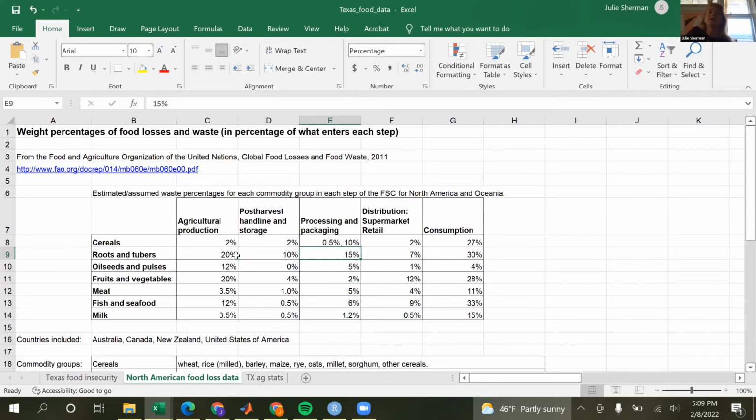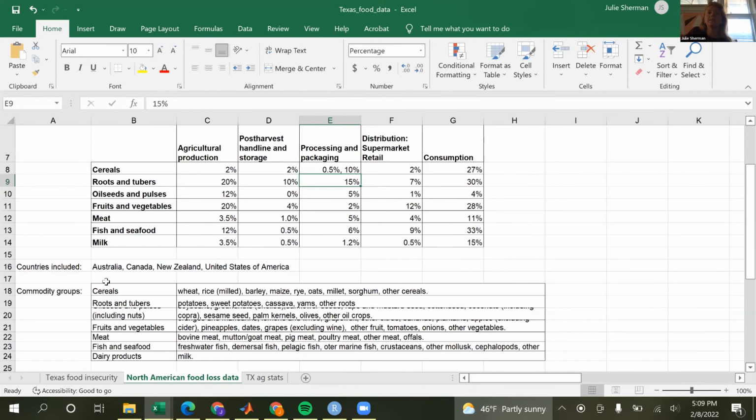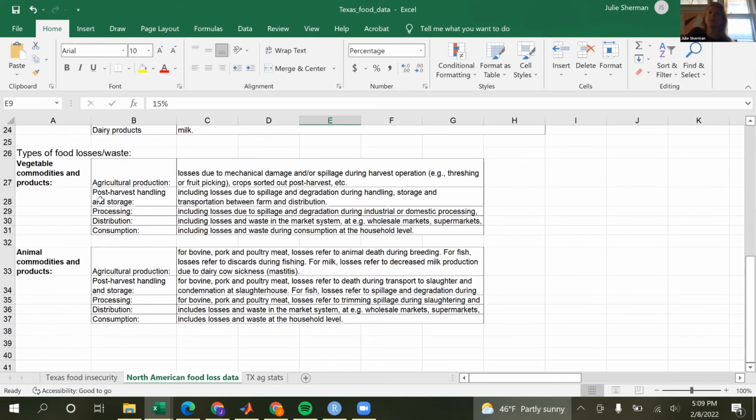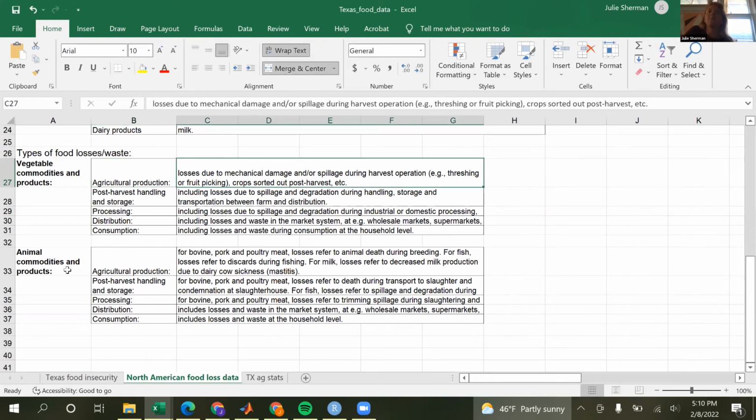And maybe this isn't quite clear what this all means, but then it explains them down here. So we see that in fruits and veggies, when we say losses in production, that means mechanical damage or spillage. But in regards to animals, it will be losses due to animal death.